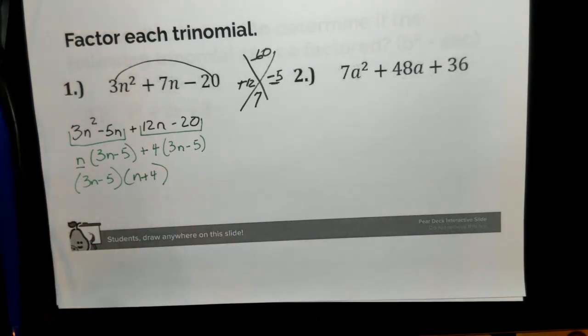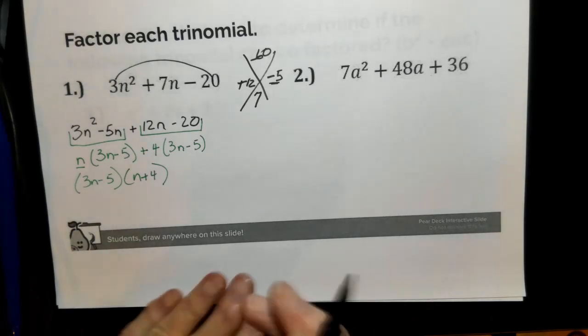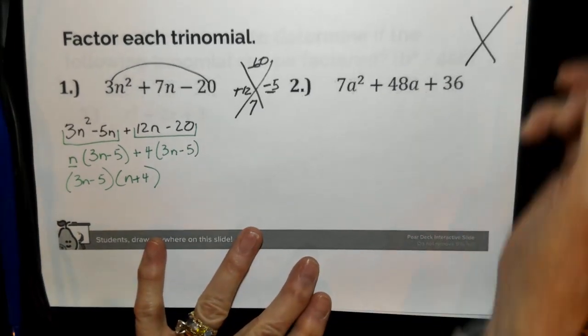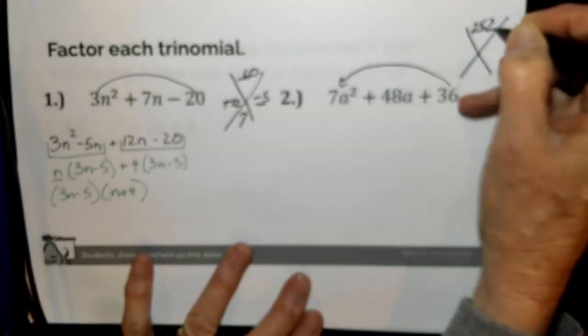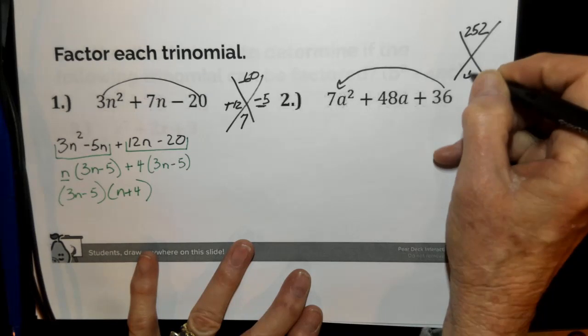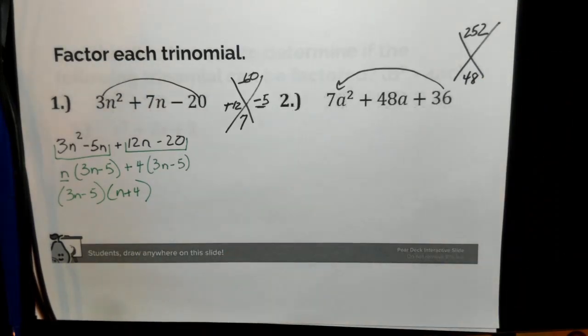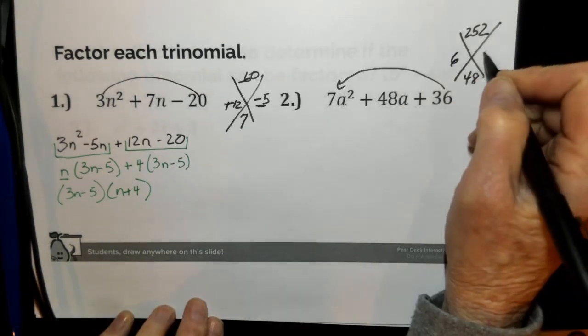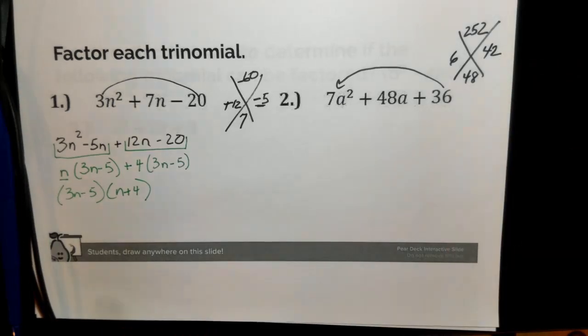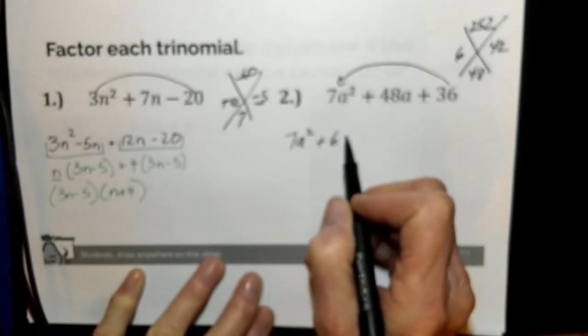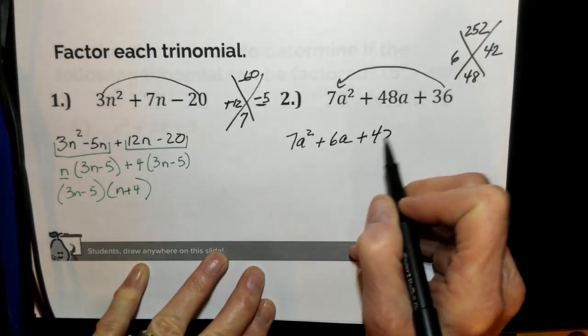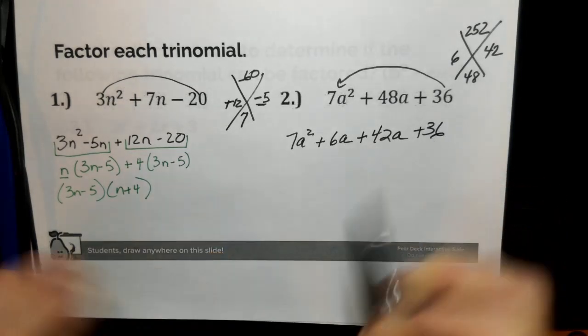This next one I think is a little hard, because there's no greatest common factor. You're like, oh, that would have been so much better. So I make my factor puzzle here, and when I multiply these two together, I get 252, and then I got to get 48. Okay, so this took me a little time to figure out. And so I finally came up with 6 times 42. So we have 7a squared plus 6a plus 42a plus 36.